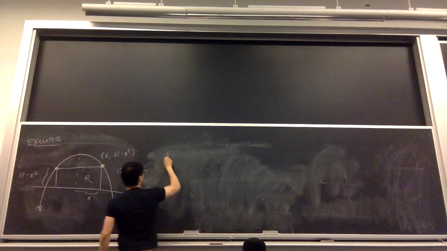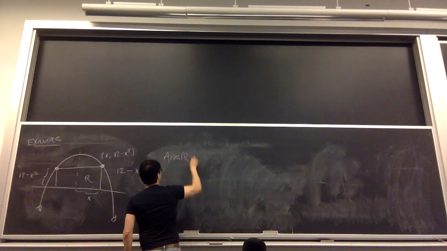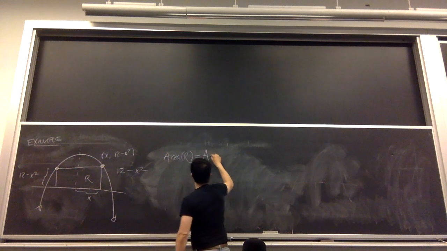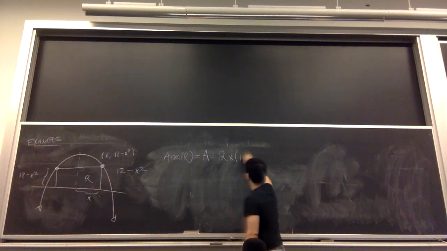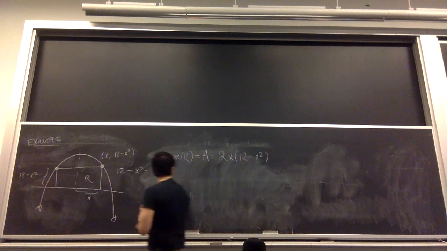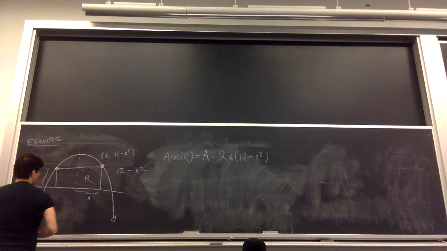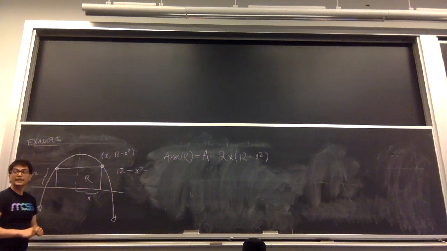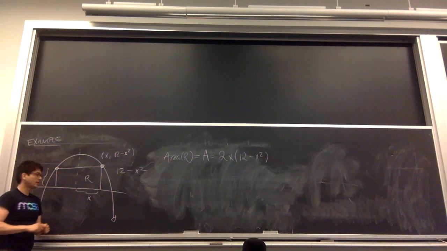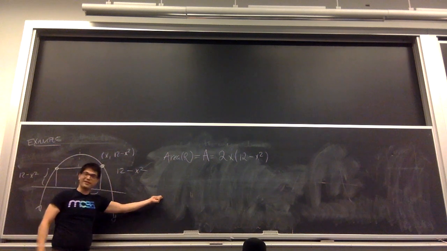Okay, so we know that the area of R, let's call that A, is going to be 2 times x times 12 minus x squared. Now we need to know what the domain of R is. What's the minimum x I can choose and what's the biggest x I can choose? Can I choose x like here?